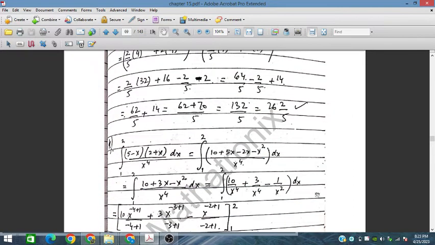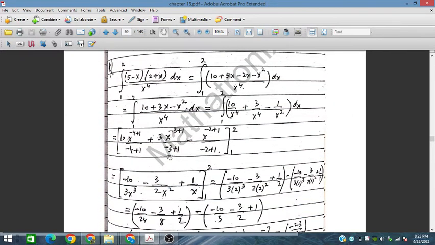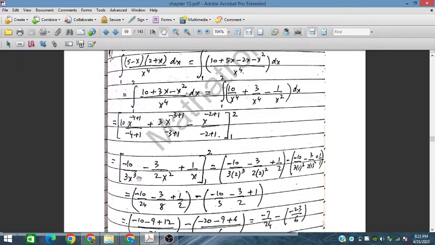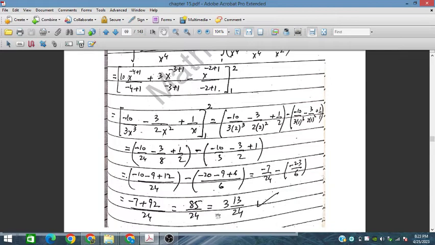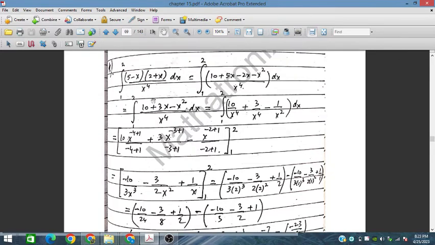Similarly for this part, we have the bracket (5 minus x)(2 plus x) x^4. On multiplication, we have obtained this. On simplification, we have this, and then we separate each part, simply integrate and substitute the values. So this is all, and we have obtained this answer. This is very easy.